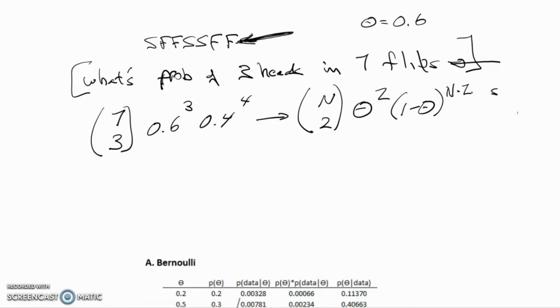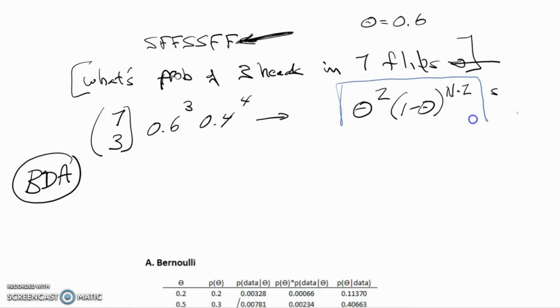Now, here's what's really interesting, is that when we're doing Bayesian data analysis, we're going to ignore this. We're just going to pretend that that isn't there. And what we're going to do is use this formula. So this is what Kruschke uses in chapters 6 through 7 when he's trying to answer the question, what's the probability of getting a certain number of successes in a certain number of trials?